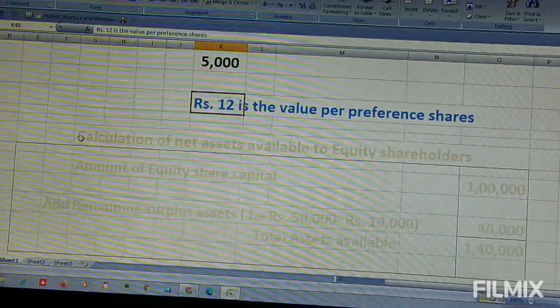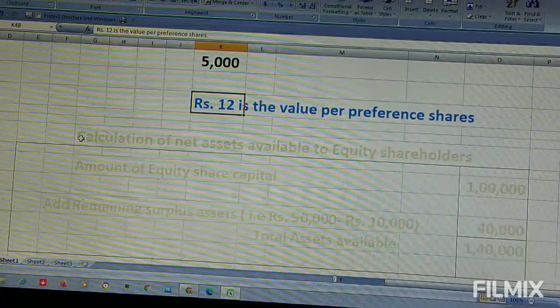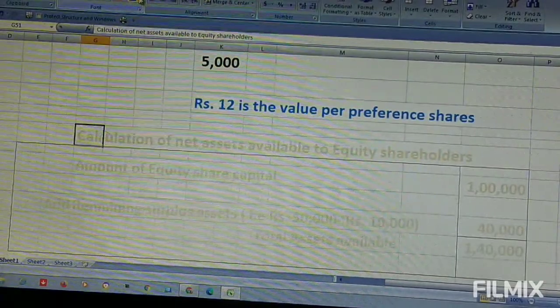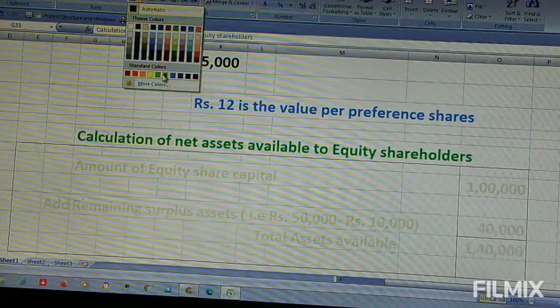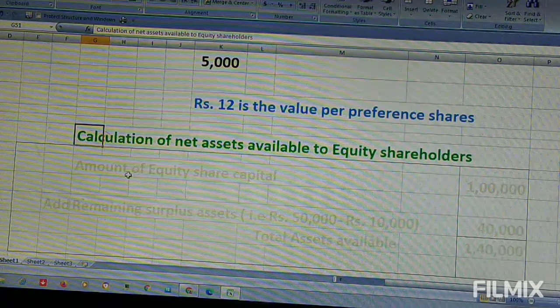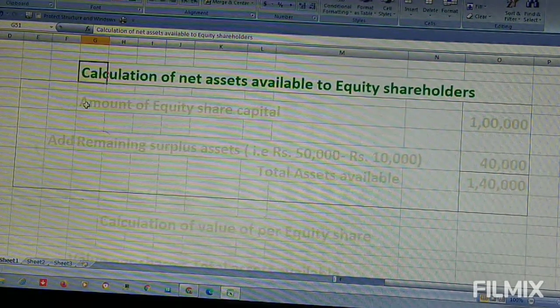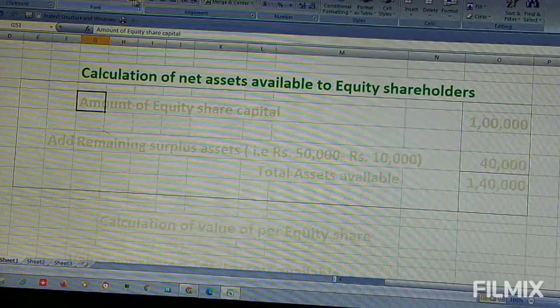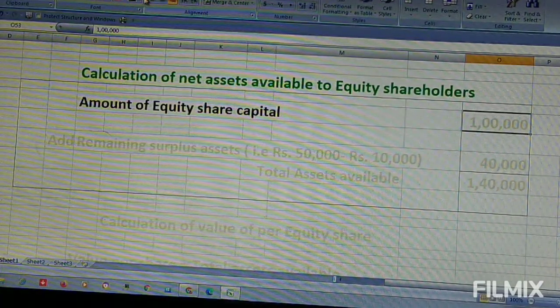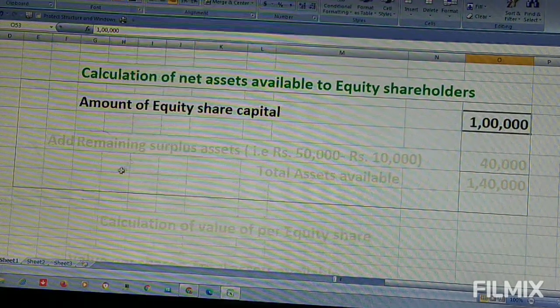Calculation of net assets available to equity shareholders. Now see, the amount of equity share capital given in the problem is 1 lakh.